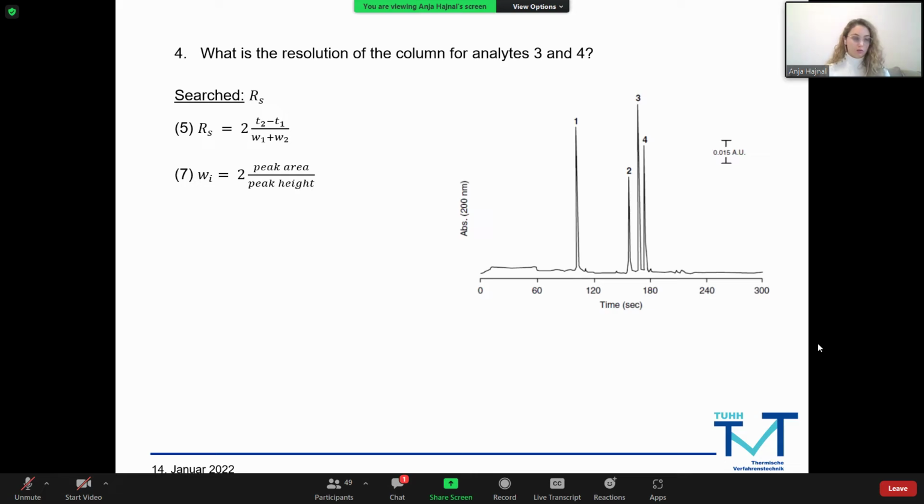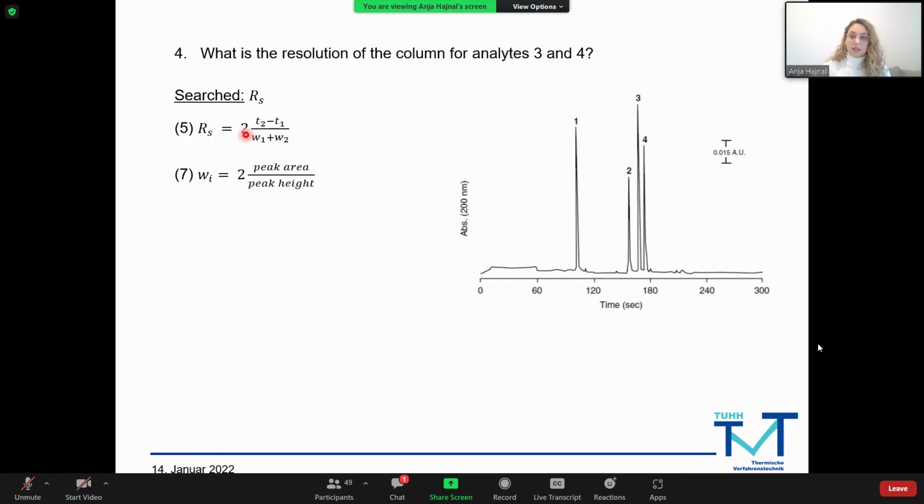And this resolution is a very important factor that usually characterizes the quality of our separation, and it basically tells us how distinctive our peaks are. So we can calculate it from this formula, which considers the retention times and peak widths.